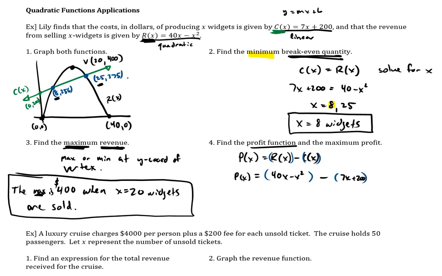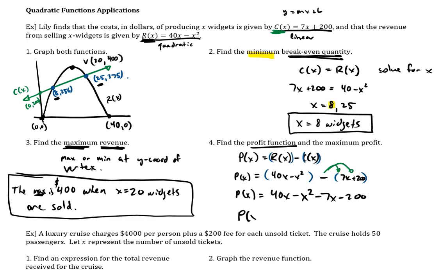So I put those parentheses there. They're needed, but it also helps with the colors, I think. This minus will distribute, so we have to make sure the signs are correct. So we've got 40x minus x squared minus 7x minus 200.